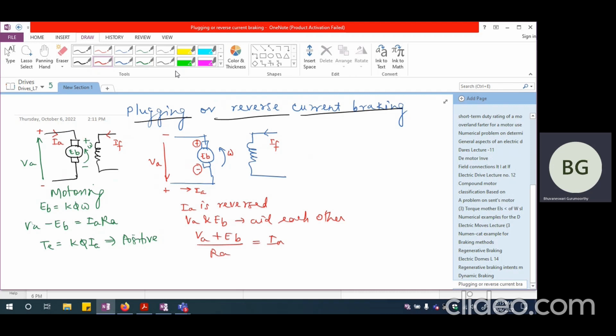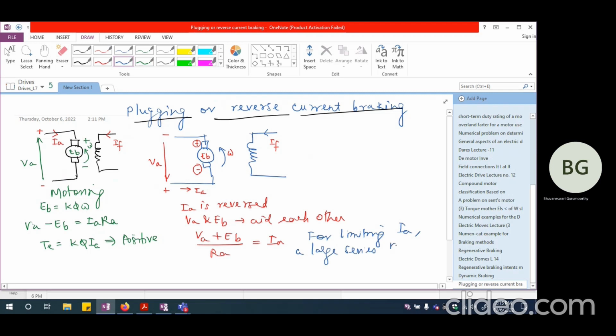So unless I deliberately take some steps to reduce the amount of current that is being drawn, for that, for reducing or for limiting IA, a large series resistance is needed in the armature.